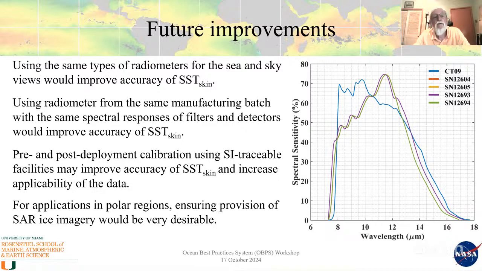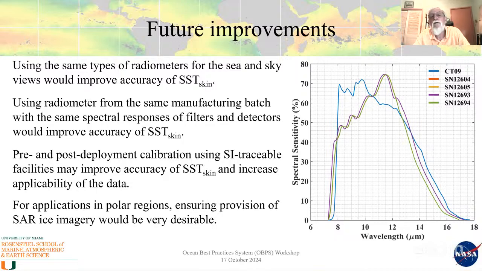So I tried to get SAR, synthetic aperture radar imagery of the operational area, but that was not feasible. You need to request the SAR to be switched on on the various satellites on which the instruments fly well ahead so that it can be planned. Well, we don't know where the ice is going to be well ahead, and we don't know where the sail drones are going to be well ahead.